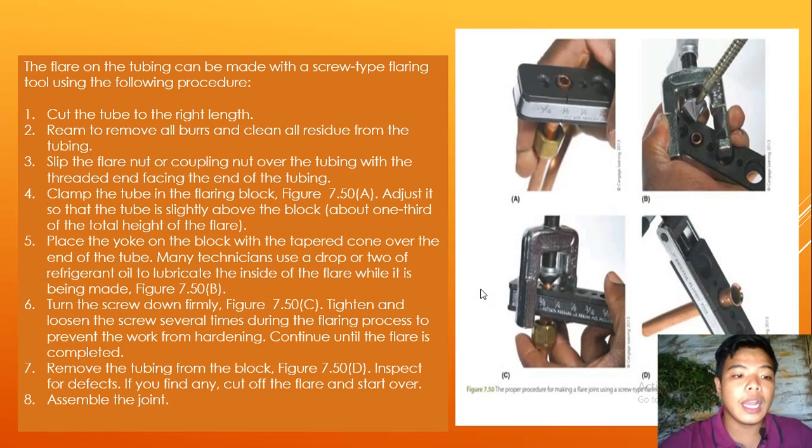First, cut the tube to the right length. Second, remove all burrs and clean all residue from the tubing. We already know what burrs are, right? Burrs should be removed before proceeding to the next process because they may damage your tubes.